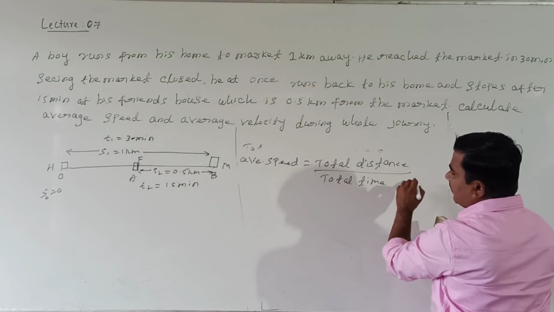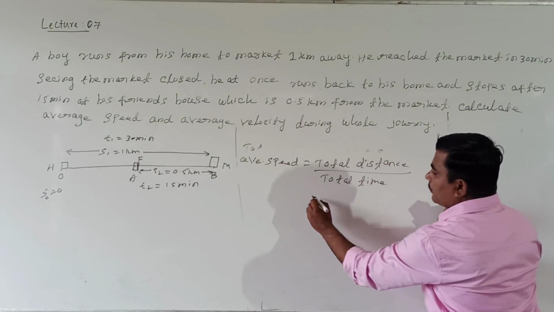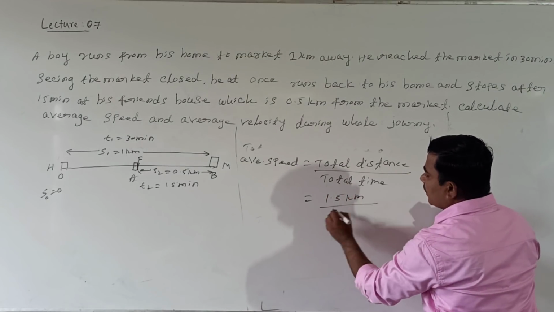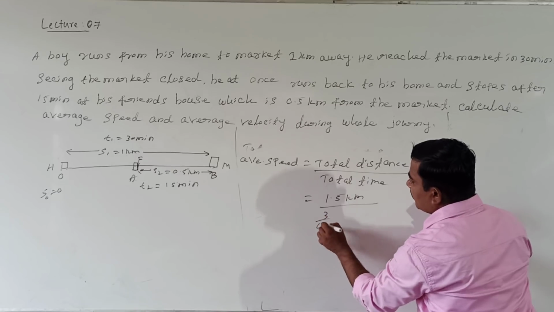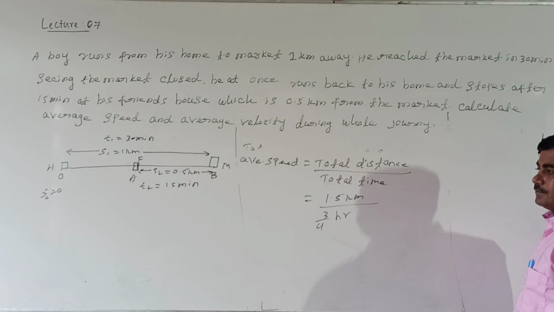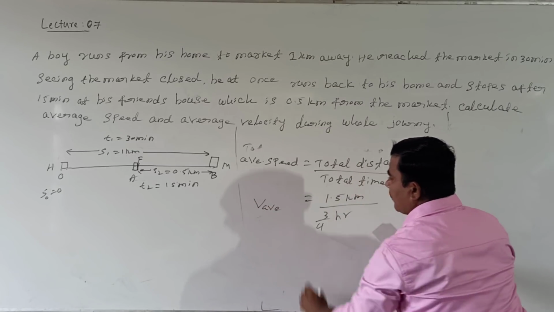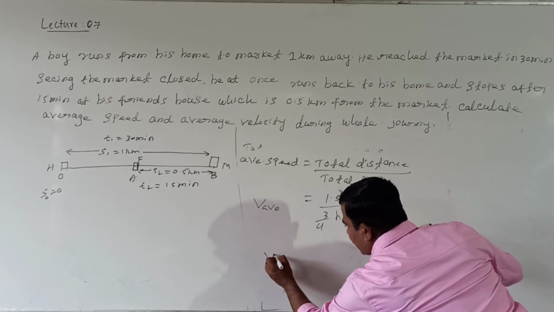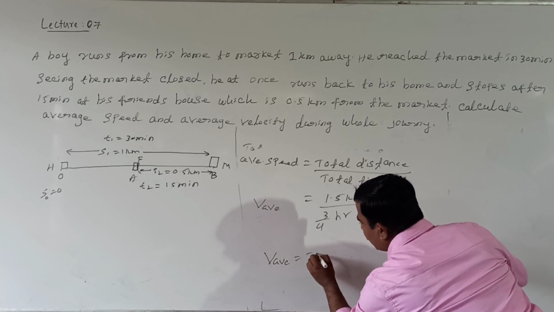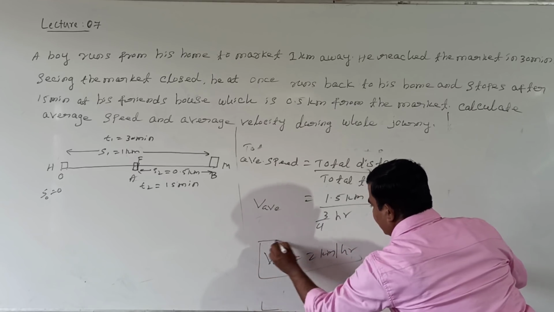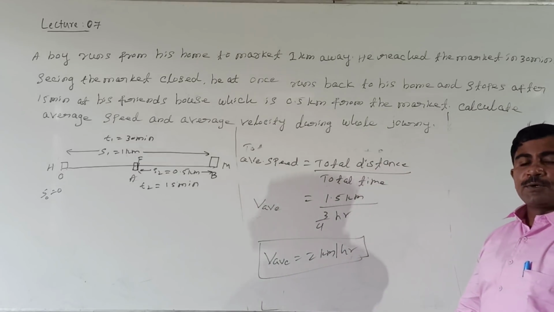So average speed is equal to 2 kilometer per hour.